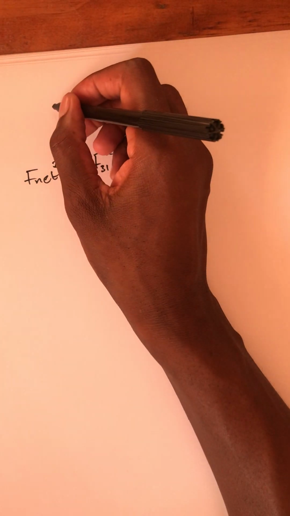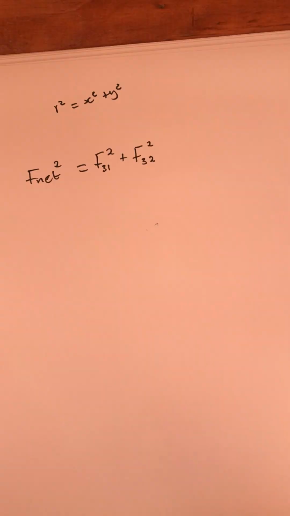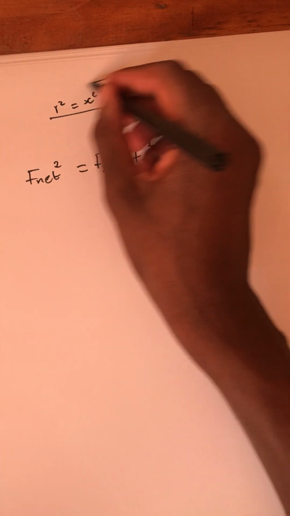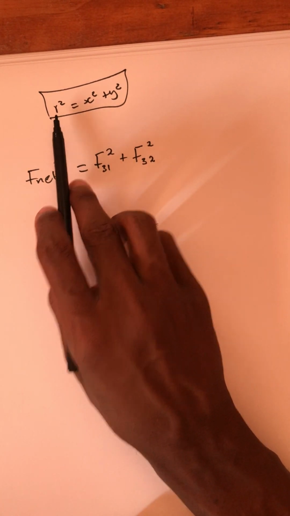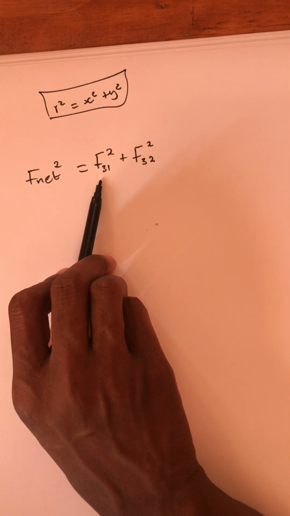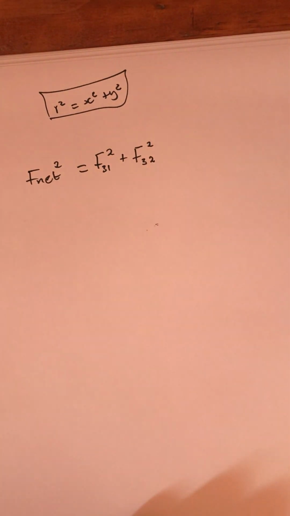We know the theorem of Pythagoras as r squared is equal to x squared plus y squared. So this is what we apply. The F net is the same as r squared. The F 3 on 1 is the same as x. The F 3 on 2 is the same as y. So we apply the mathematics here.